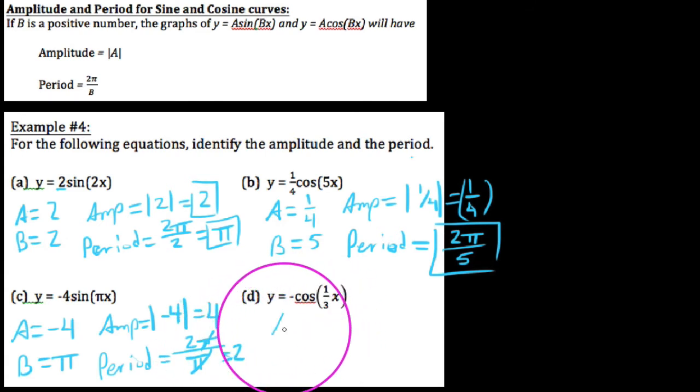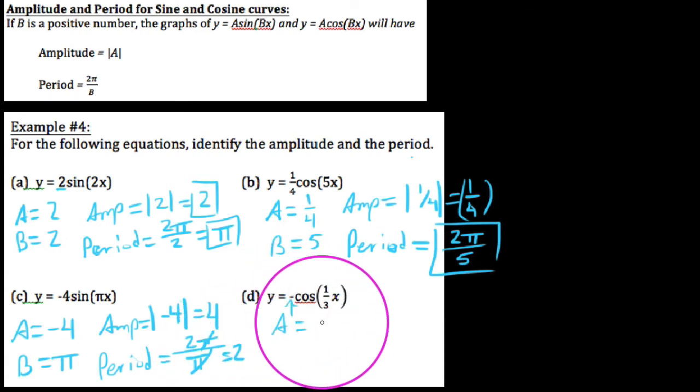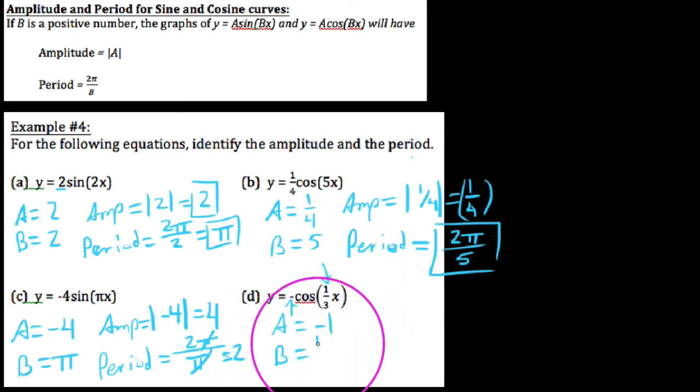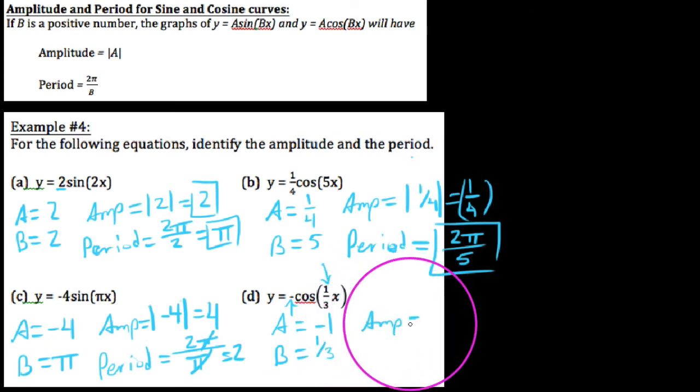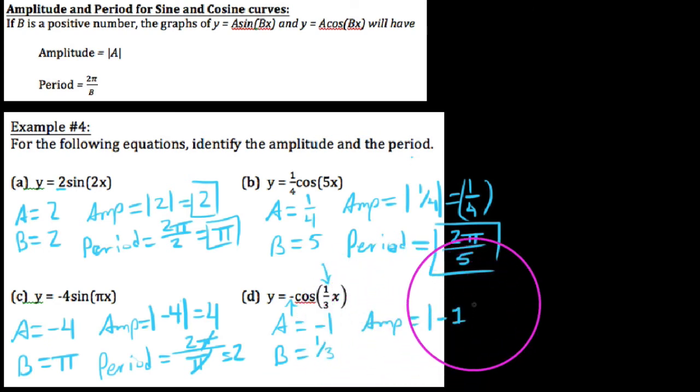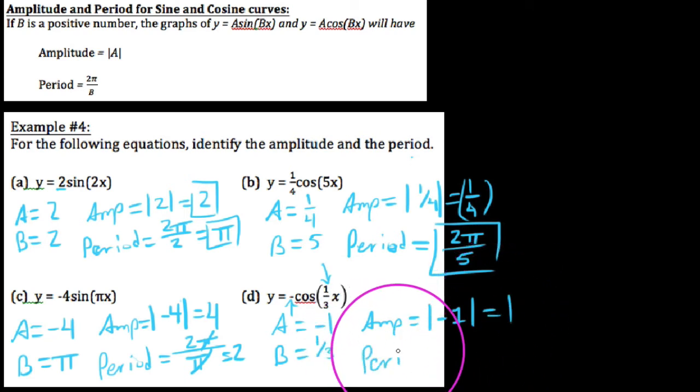And on this last example here, the a value looks to be a negative 1 out front. The b value in here looks to be 1/3. As far as the amplitude goes, remember amplitude is always positive, so the absolute value of -1 is 1. And then the period. We just take the normal period of this graph. In this case, the normal period of cosine is 2 pi, and we'll split it up b ways.